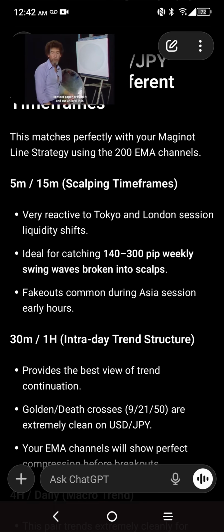Fake outs common during Asia session early hours. Okay, I wouldn't consider them fake outs. I would consider that it does retrace a lot. It does retrace a lot. So you have to weather certain storms when trading UJ.